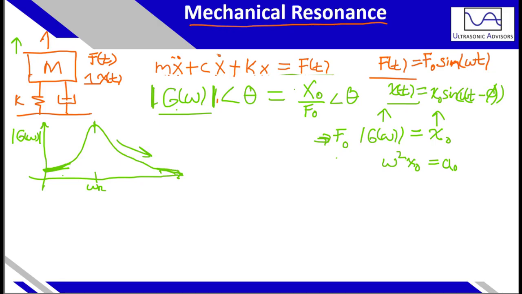But as you're going at a very low frequency, you're dominated by your stiffness. So here, the stiffness of your system is going to determine the amplitude. On this side, your mass is going to determine your amplitude, and here you'll have the whole system dynamics determining the amplitude, especially the dashpot or the damping mechanism.